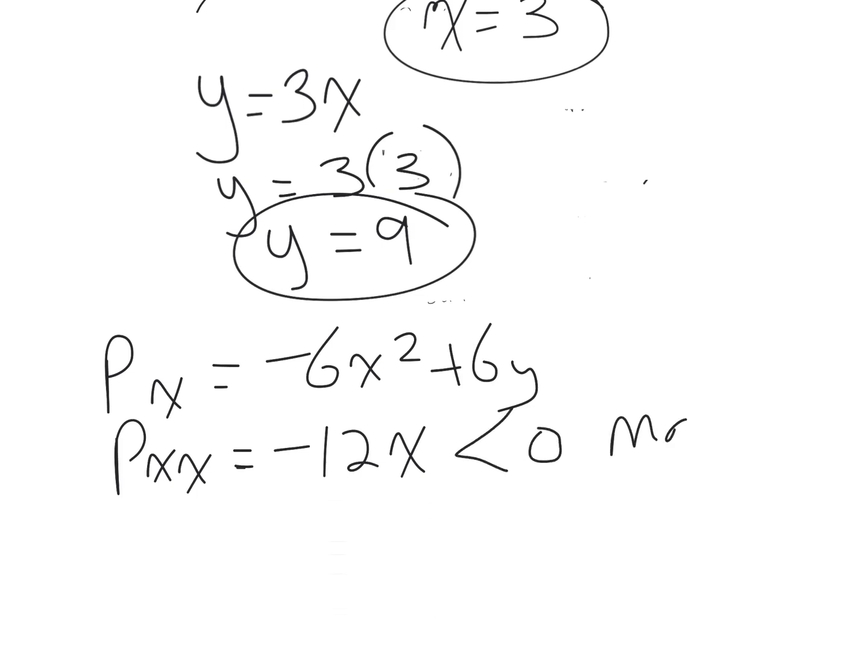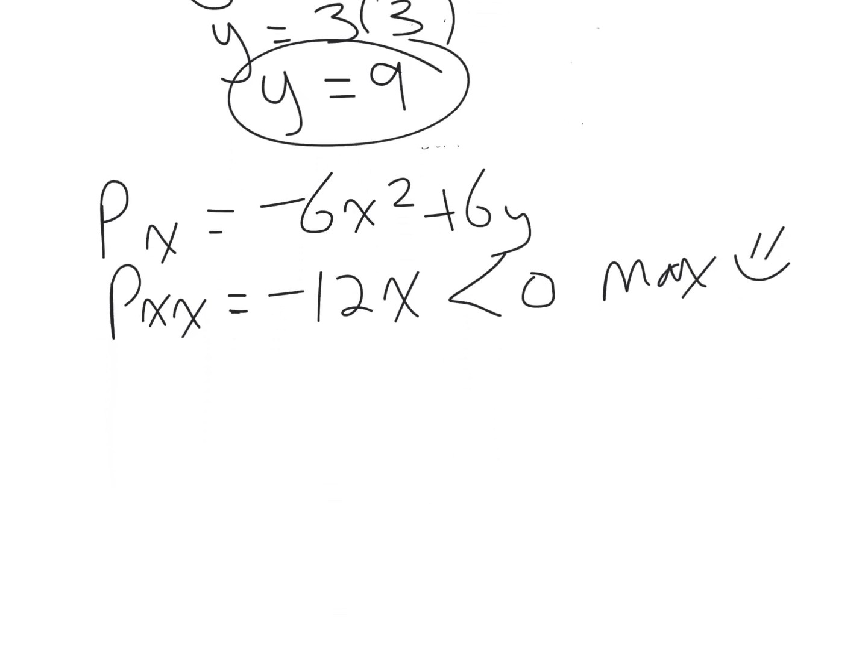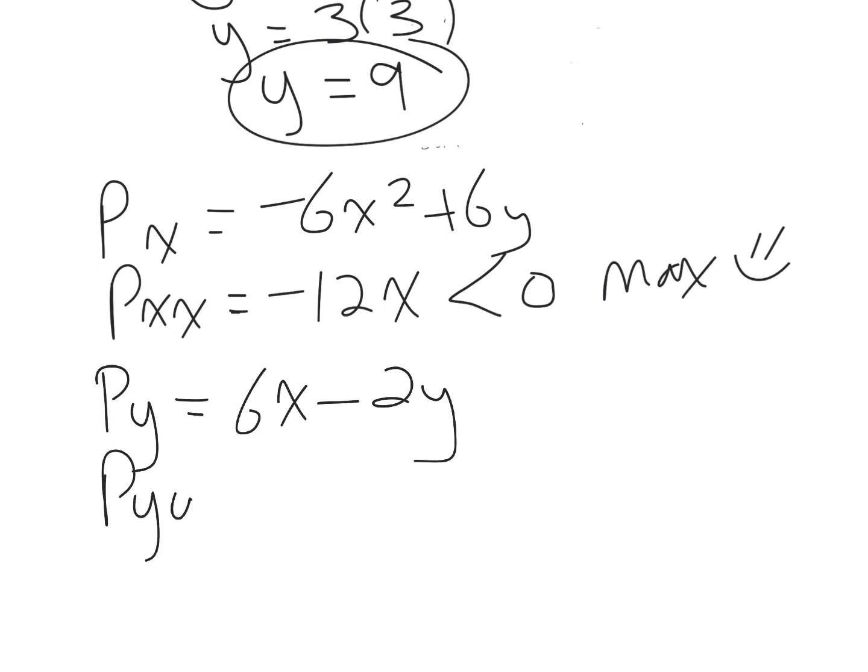So that tells us we have a maximum. That's the one way. We have to find pyy, and py was this. Remember you're taking the second derivative with respect to y of the first derivative with respect to y, and again it's negative 2. It's less than 0, so again that demonstrates we have a maximum.